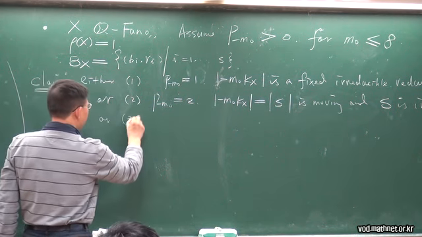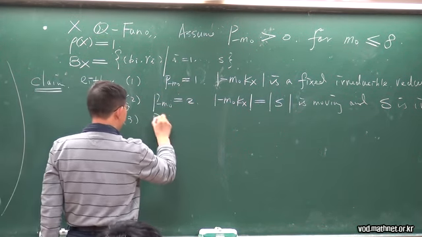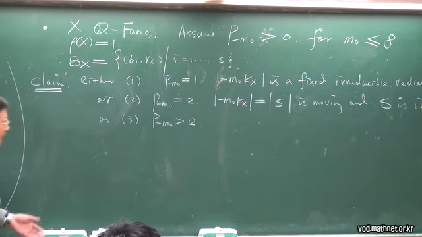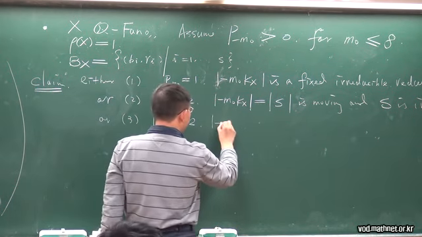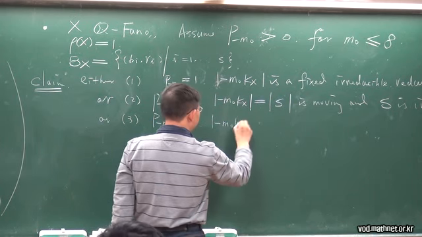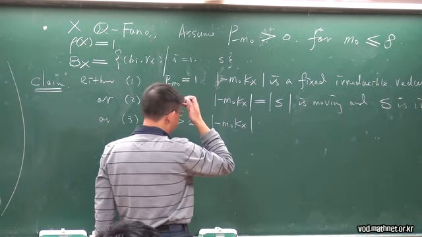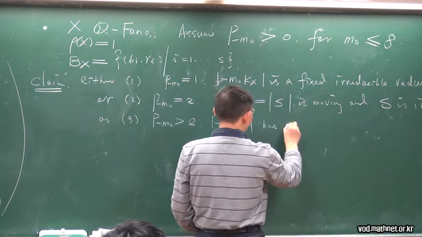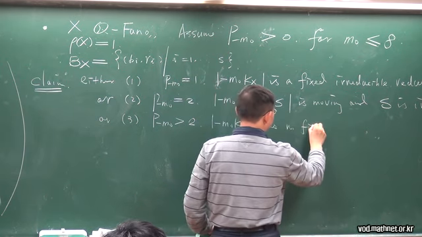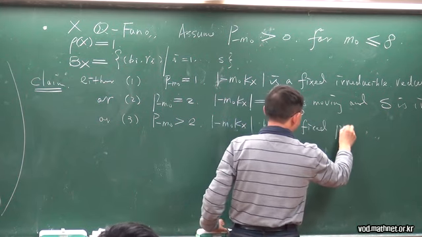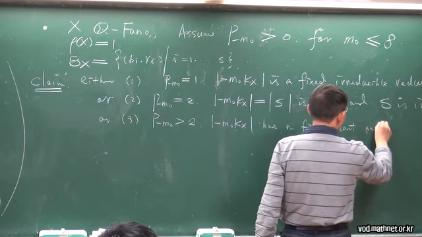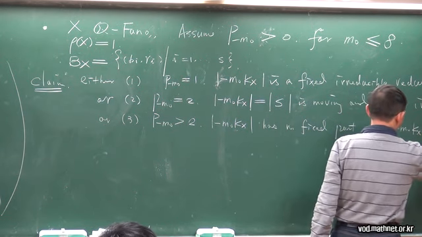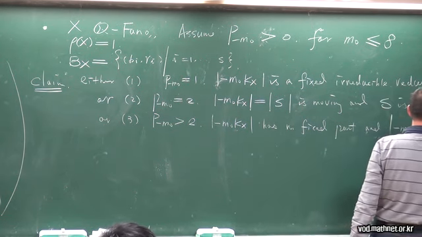Or if P minus M naught is larger than 2, then we claim that in this case, minus M naught Kx has no fixed part and is not a pencil.